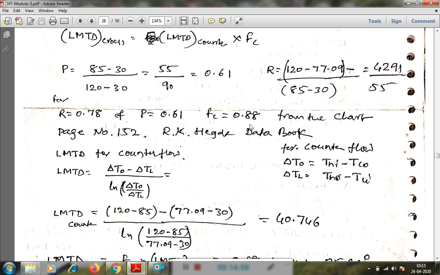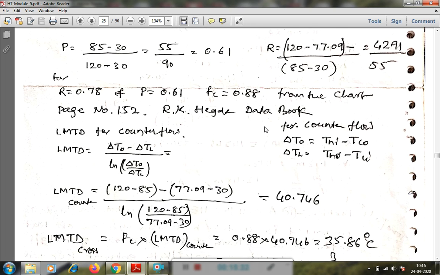I will tell you the page number: page number 152. Here single pass cross flow both fluids unmixed is the third chart. There we have to locate P along the x-axis and R on the curve. Then we will get the correction factor F.